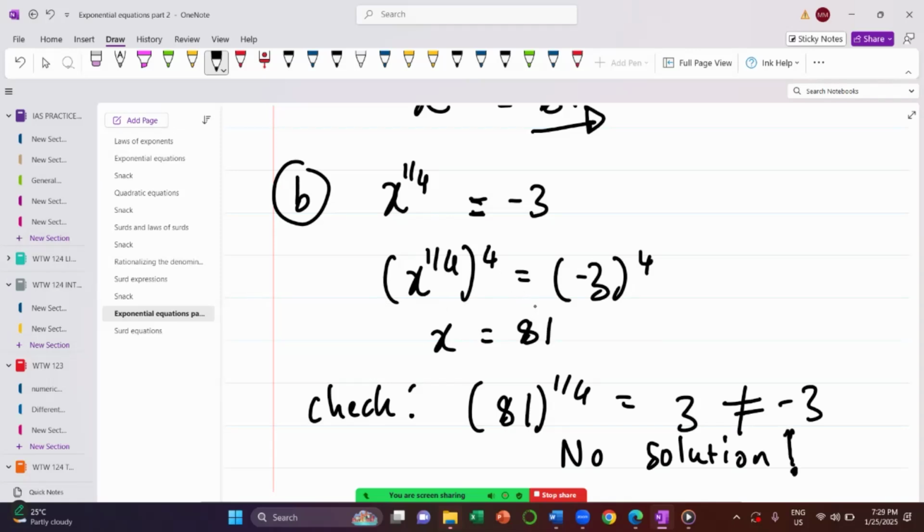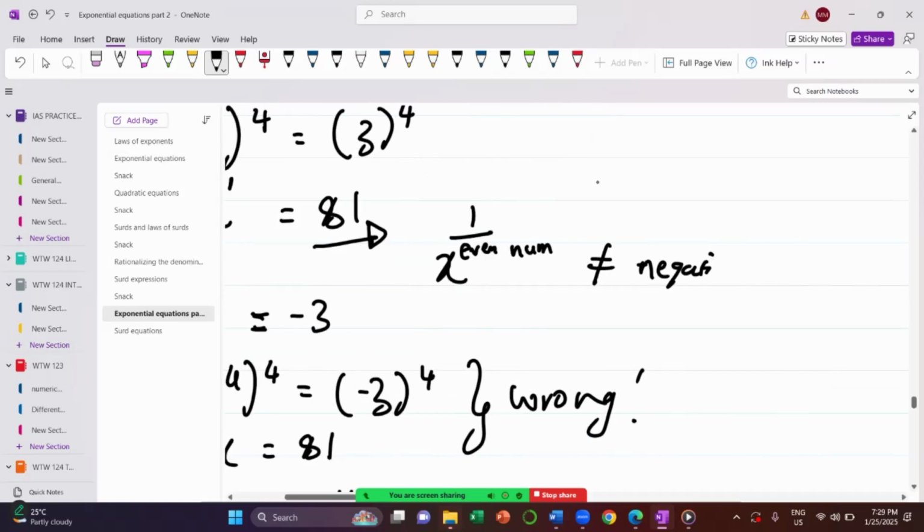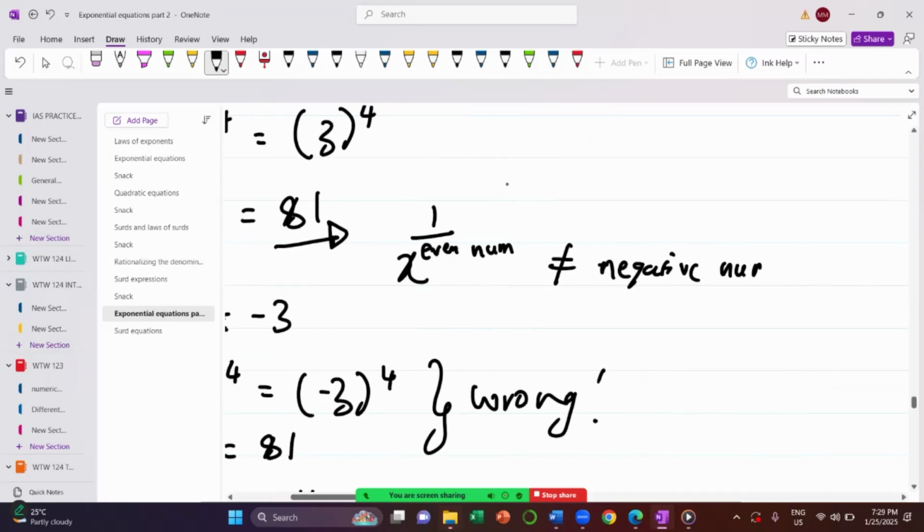And how do you see that there's no solution? What you actually did here by solving it was wrong, because you're not even allowed to solve equations that have no solution. So how are you actually going to know for future purposes that I'm not supposed to have a negative value here? Check. Whenever you have x to the exponent of 1 over an even number, this is not supposed to be equal to a negative number.